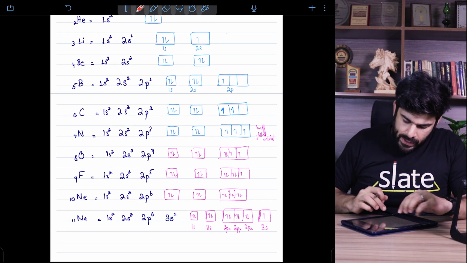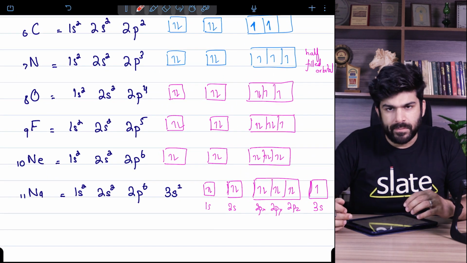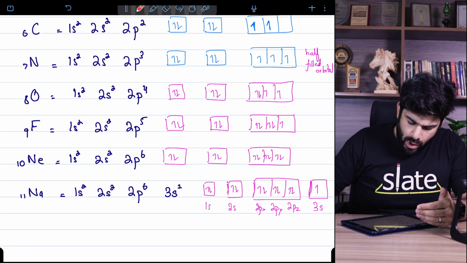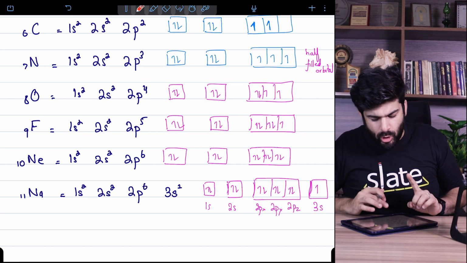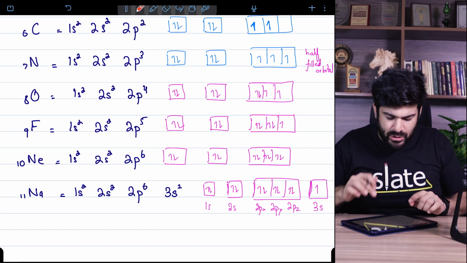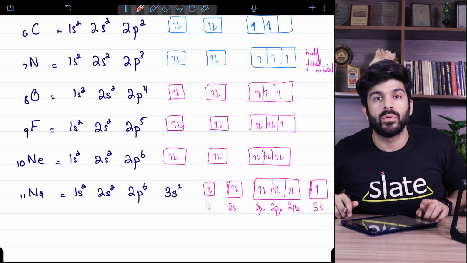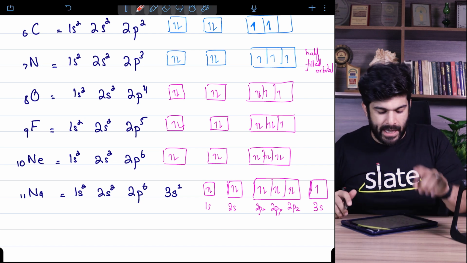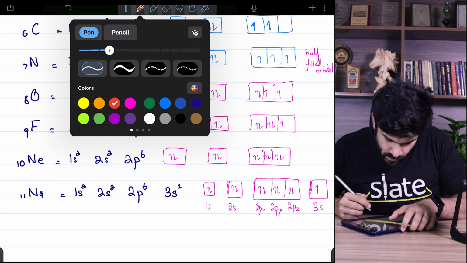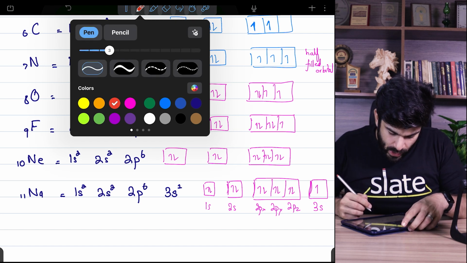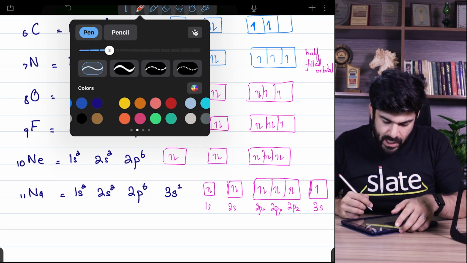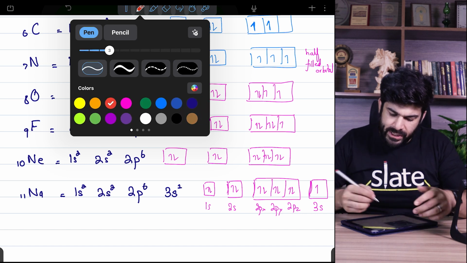Now, when we came to sodium, we saw the electronic configuration where it started off with 1s2, 2s2, 2p6, and now we jumped onto the third shell, hence 3s2. This will go on for a long time if we keep adding these shells.